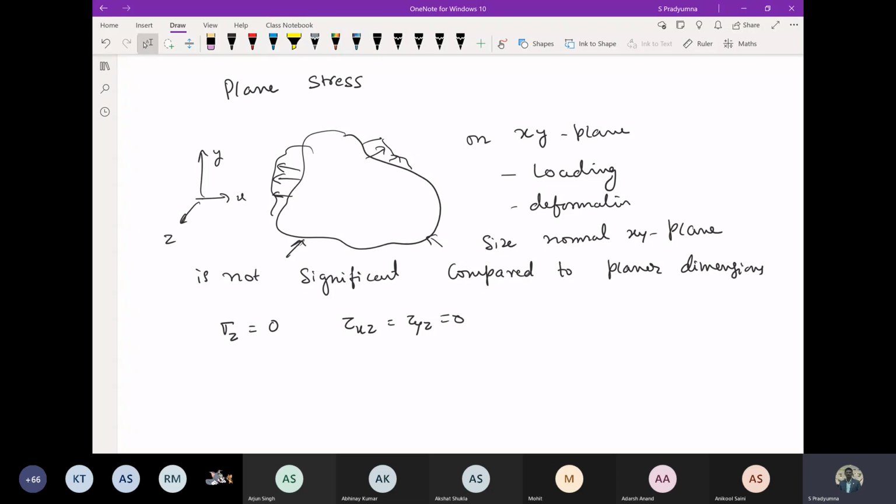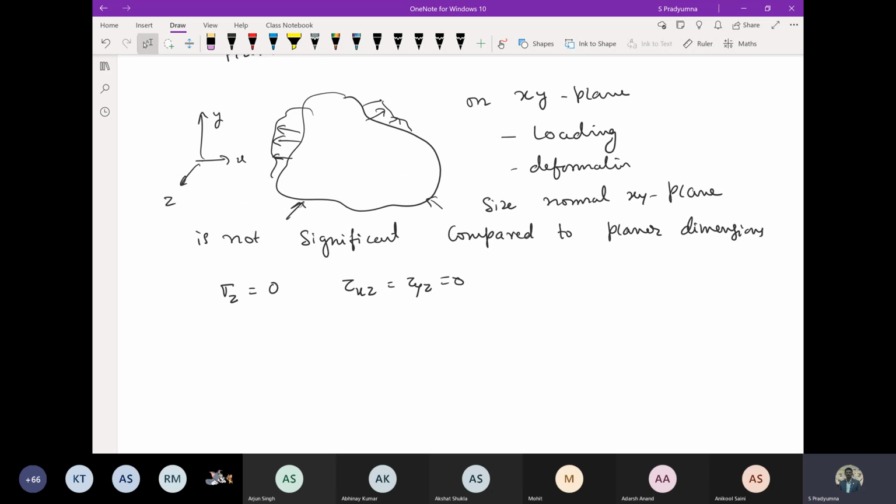If there is any deformation or strain in a direction which is very insignificant, we can ignore it. That's a mathematical simplification, right? Otherwise, you have to solve for 6 unknowns in the stress, 6 in the strain, 3 in the displacement. There will be 15 unknowns in total in any 3D elasticity problem. We cannot afford to solve all these 15 variables, so we reduce this problem into different types of problems.